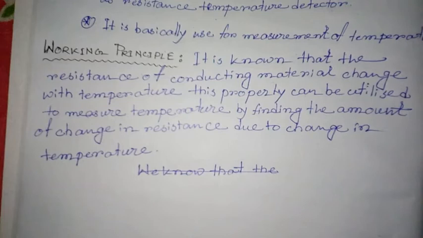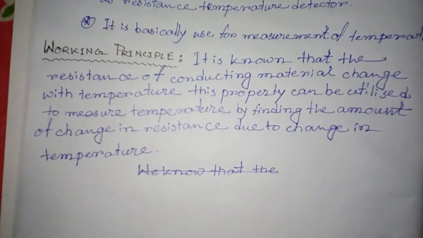We know that resistance is defined as the property of a material to oppose the flow of current through it. In a conductor, if a large amount of current flows through it, the resistance is very low, and if less current flows through the conductor, it has a high value of resistance.